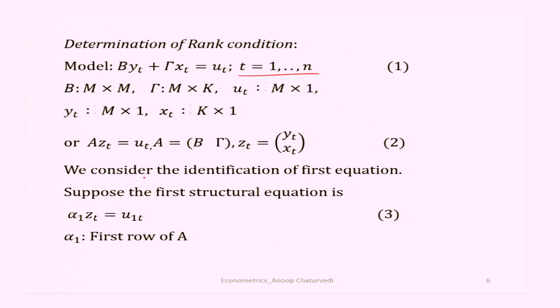Now, we consider the identification of the first equation. So, suppose the first structural equation is alpha_1 z_t equal to u_1t, where alpha_1 is the first row of matrix A. You take the first row of matrix A, then the first equation is alpha_1 z_t equal to u_1t.